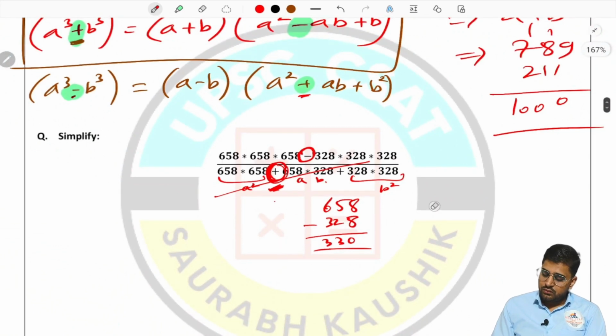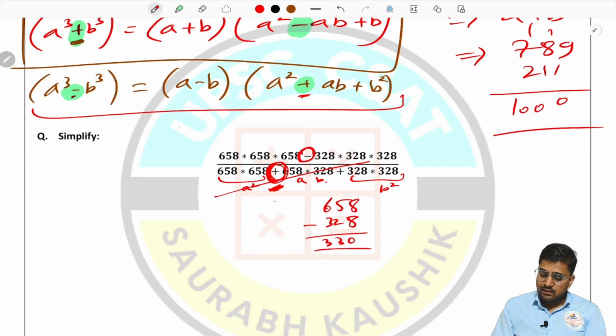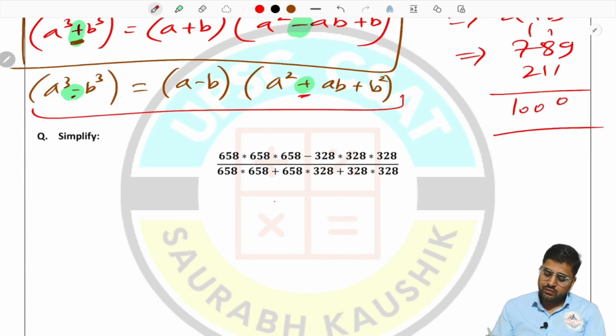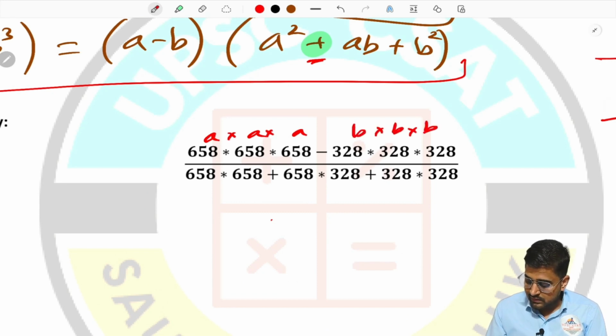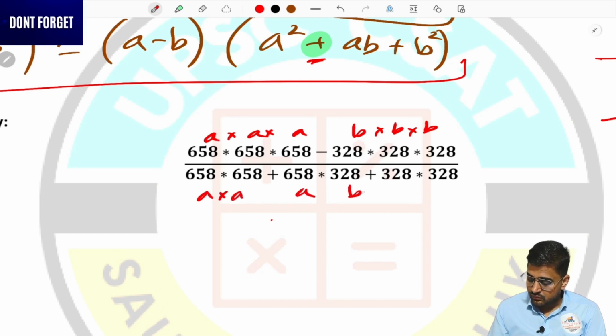If you remember the identity, we have applied this identity here. Let us do it in a stepwise manner, because some of you might not understand. At first glance, there are some a's in a multiplication, some b's in a multiplication.